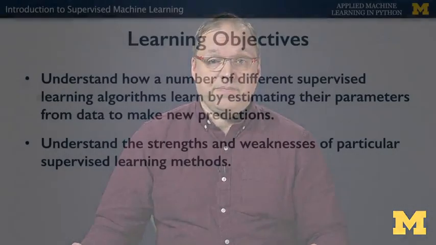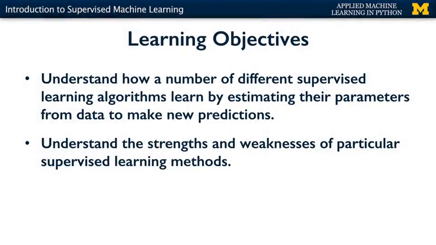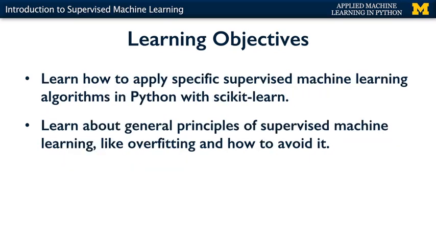Instead, we'll focus on some higher-level goals: how to apply a number of specific supervised machine learning algorithms, and how to interpret their results for important tasks. This will include understanding how supervised learning algorithms estimate their parameters from data, how the trained model makes predictions for new instances, the strengths, weaknesses, and best scenarios to apply a particular method, and how to use the method with its parameter settings in Python programs using scikit-learn.